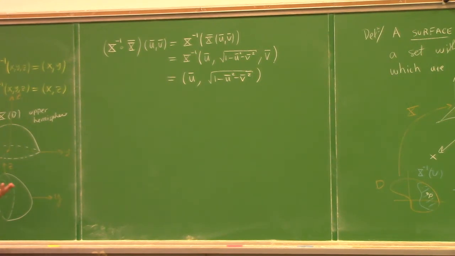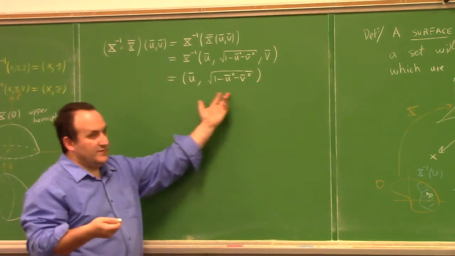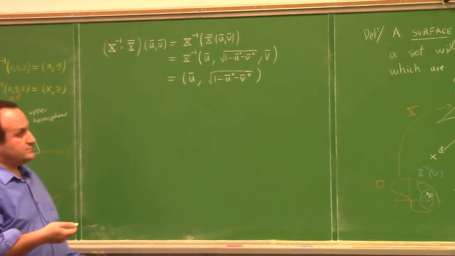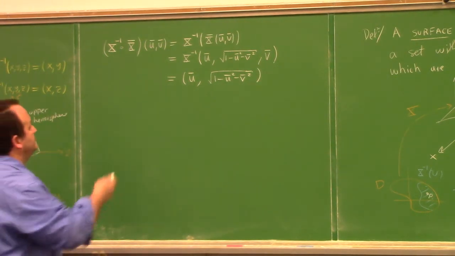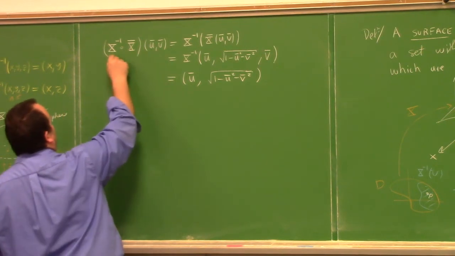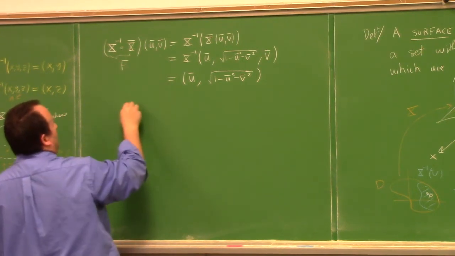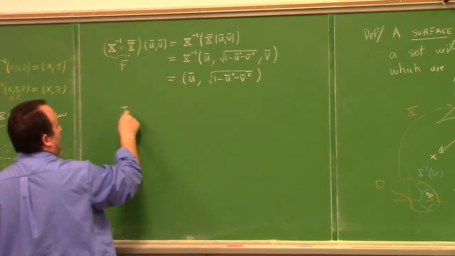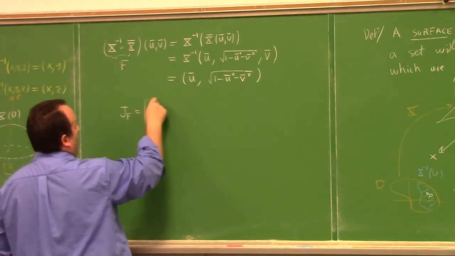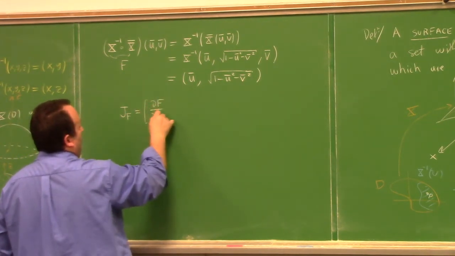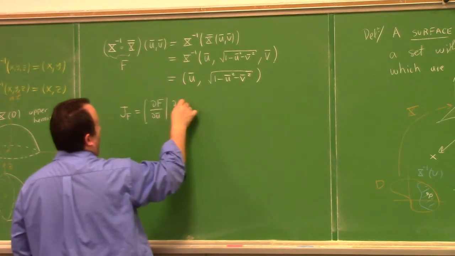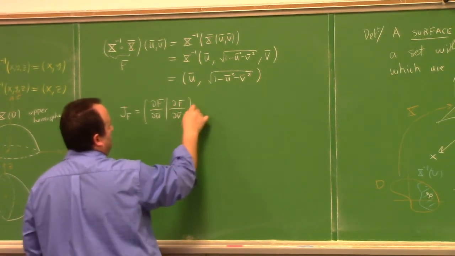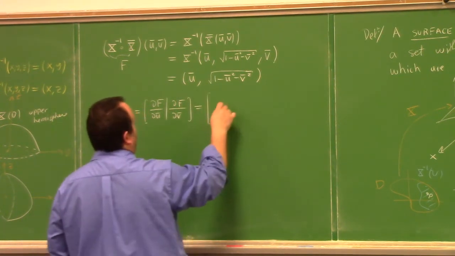So the question is, can we take partial derivatives of these? If I call this thing f, what's the Jacobian of f here? What's that look like?